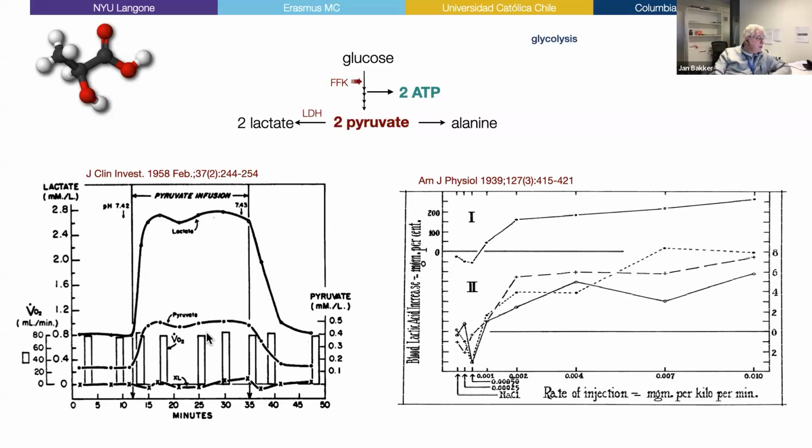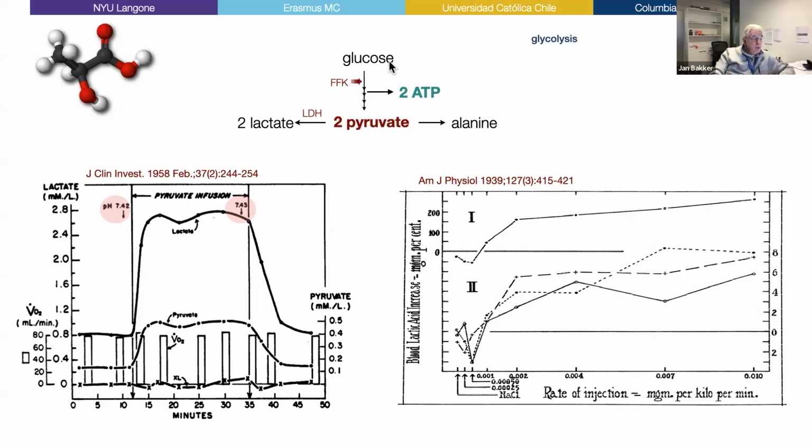This is your pyruvate concentration, this is your lactate. Lactate increases, you stop the pyruvate infusion here, and lactate decreases again. What's interesting to see is that as you start producing lactate, you do not get acidosis, just to underscore the previous comment I made.